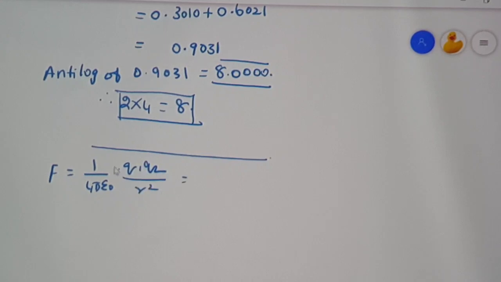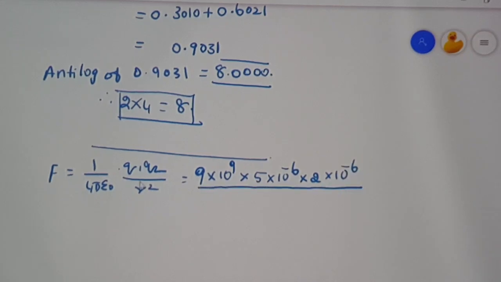The values are given. 1 by 4 pi epsilon 0 is 9 into 10 to the power of 9, multiplied with Q1, which was given as 5 into 10 power minus 6 coulomb, and Q2, another charge, was given as 2 into 10 to the power of minus 6 coulomb, divided by r, the radius, which was given as 8 meters.